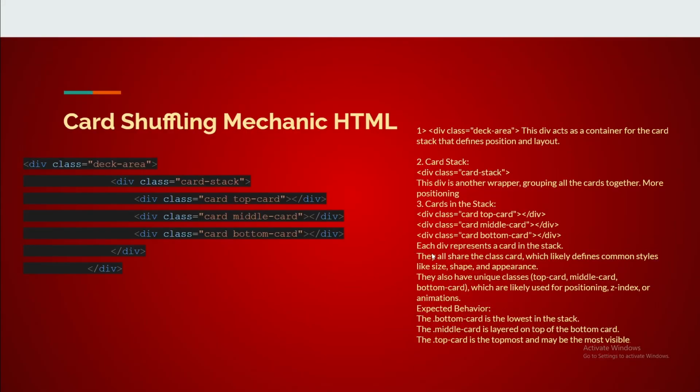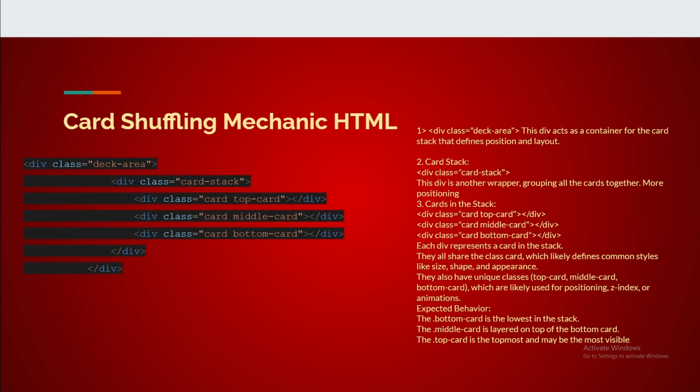For our first mechanic, which was card shuffling, this is the HTML. We created a container that sets the card stack and defines the position and layout of the whole stack.